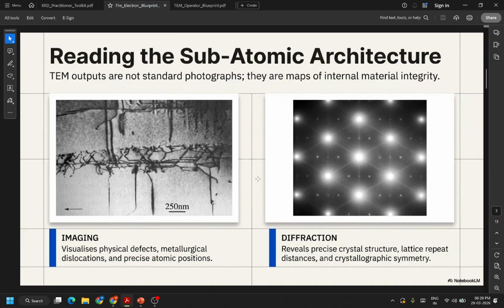And since the beam size is very small, it's highly localized. So you can look around and see how the lattice is changing across the sample, how much the lattice is repeating, and what is the symmetry inside the lattice.